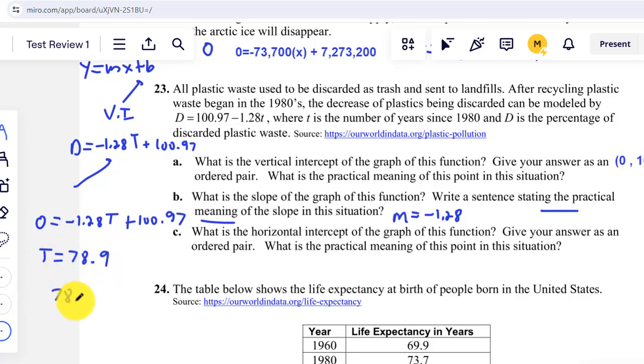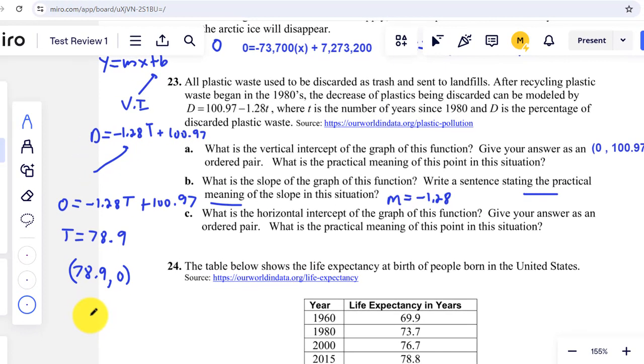As an ordered pair, it would be 78.9 comma 0. And that means 78.9 years after 1980. So let's just call it 79 years after 1980, there'll be no more plastic waste in the landfills. So that would be the year 2059. In the year 2059, the amount of plastic waste in landfills would be 0.